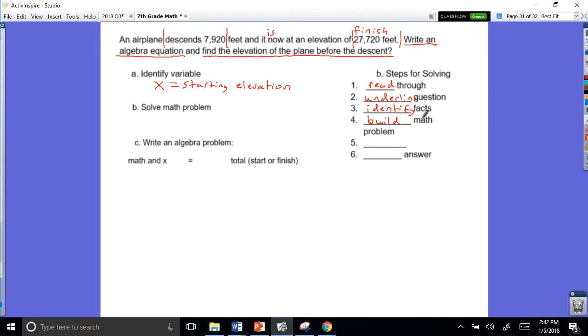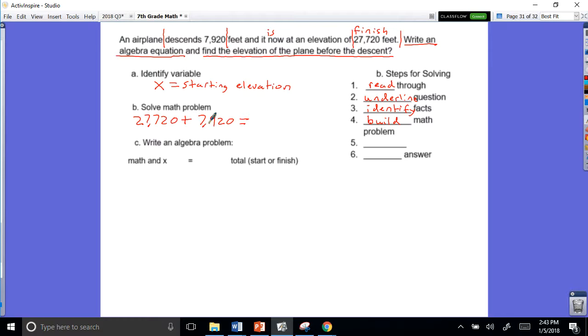The plane is here right now, that's where it's at, but it was at a higher elevation because it went down by this amount. So to find out where it was before, we need to add these two numbers. We need to take 27,720 and add 7,920.